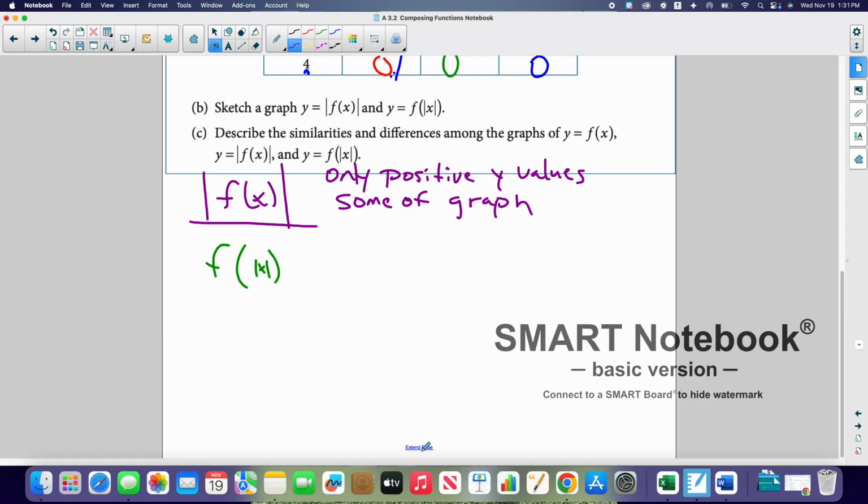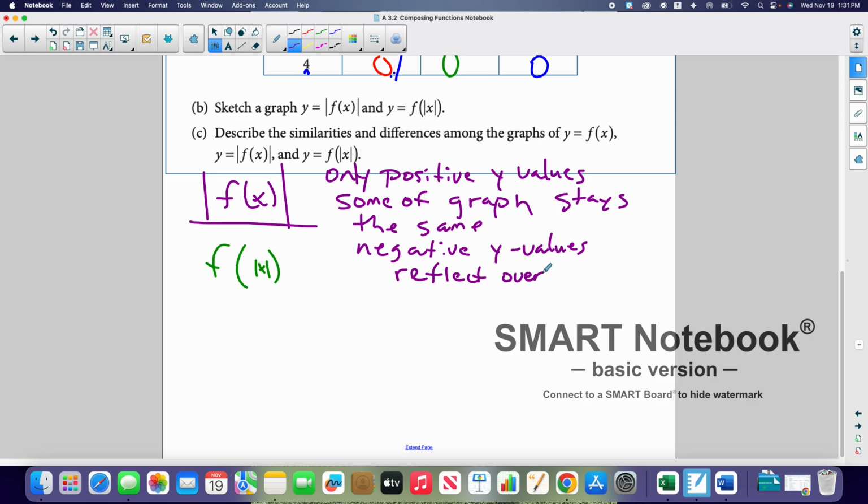Some of the graph stays the same. And the negative y values reflect over the x-axis. Okay? So we see a reflection here, but we don't see a complete reflection of everything.